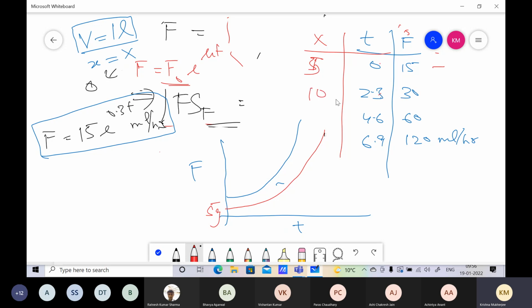At 30, the biomass is 10 grams, at 60, the biomass is 20 grams, and this is 40 grams. Notice that 5 grams required a 15 ml per hour feed, 10 grams requires a 30 ml per hour feed, 20 grams requires a 60 ml per hour feed, and 40 grams requires a 120 ml per hour feed, which really means that cells are growing exponentially. They are being fed in proportion to the biomass. So the biomass increases exponentially, the feed increases exponentially.